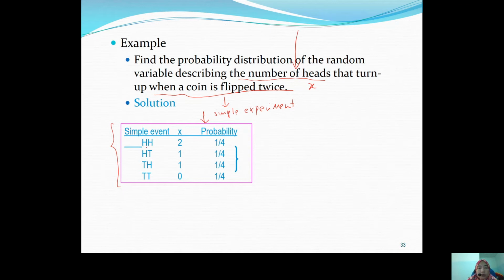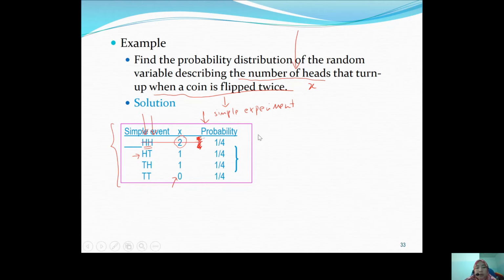For this one, first toss we have head and second toss we have head. Therefore, X is 2, meaning we got 2 heads after the toss. Then second outcome, first toss is head, second is tail, so we have one case. First is tail, second is head, then we have 1. Then when we got tail for both tosses, X refers to the value of 0.